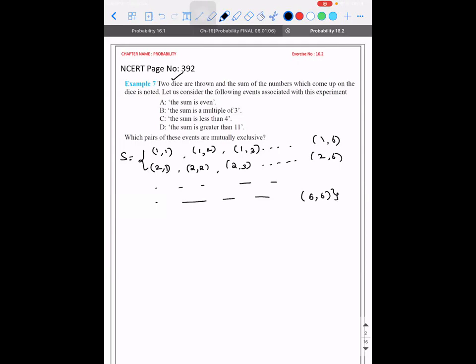Now, what is event A? The sum is even. Remember, when you add two odd numbers or two even numbers, the output will come out as even.